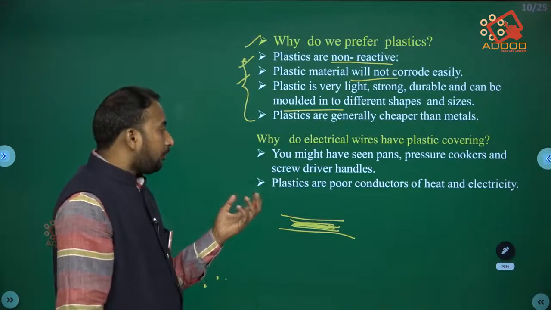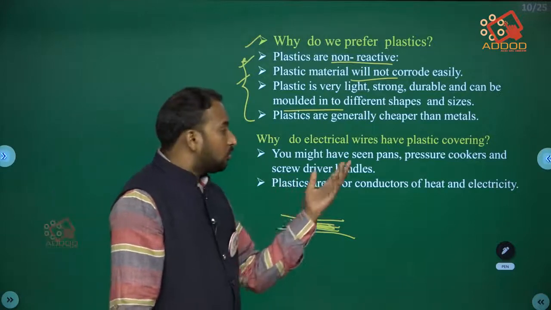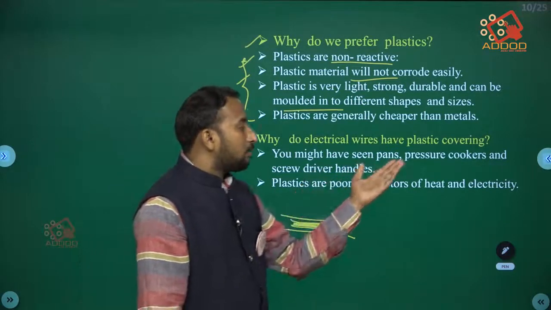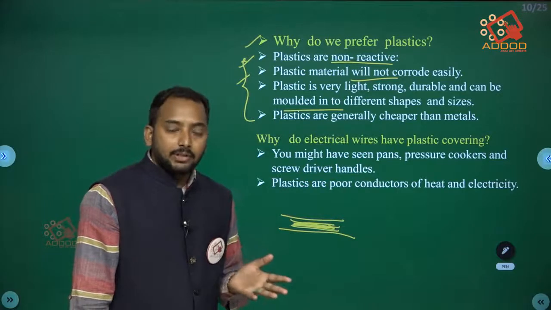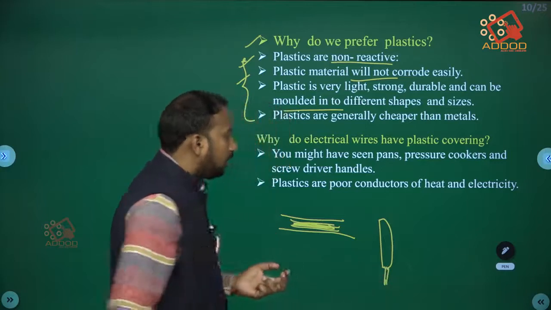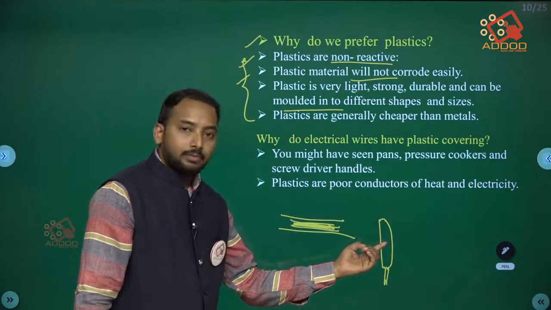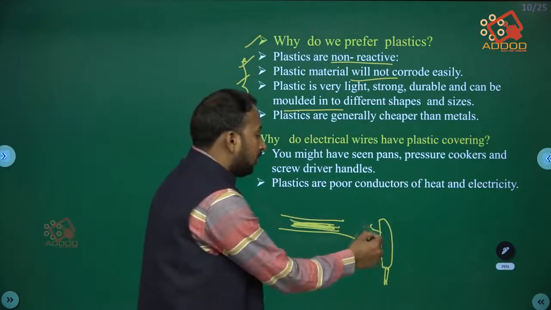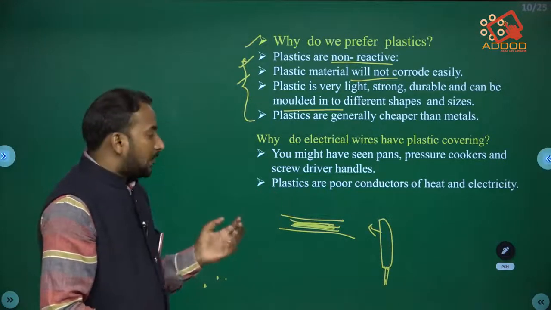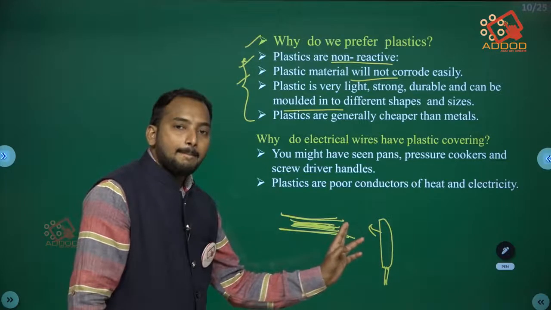We also see pans, fry pans, pressure cookers and screwdrivers having handles. These handles are also plastic, either thermosetting or thermoplastic. Electrical wires are also covered with plastic.